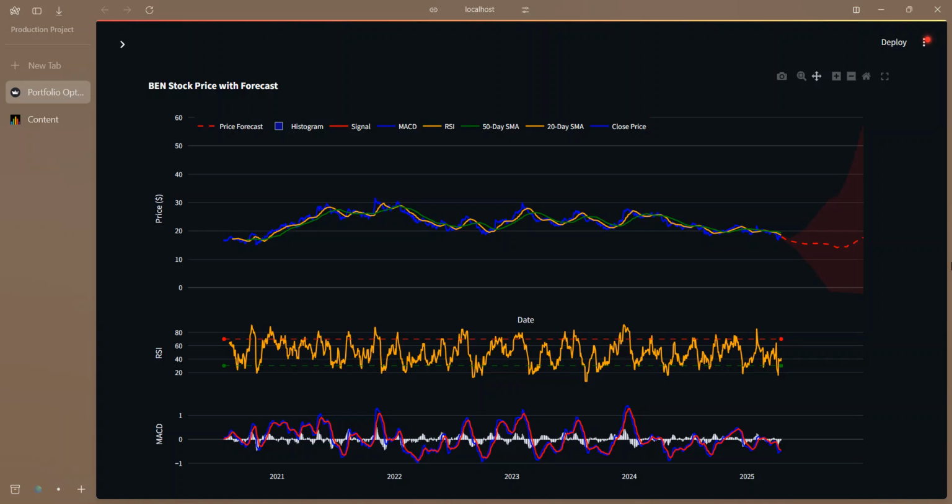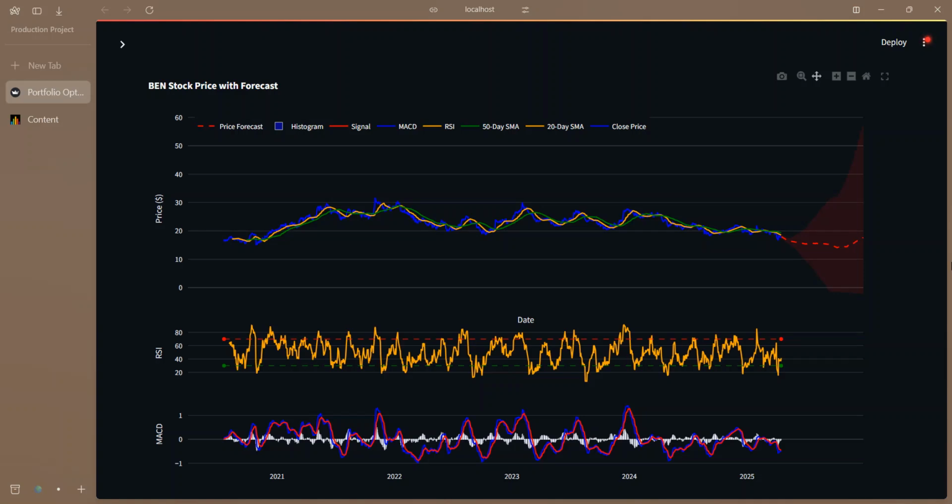This uses the ARIMA and Prophet algorithms, and we can see also the red hue is the range of the price. Obviously, it gets bigger as time goes by because of the unpredictability, the nature of the market itself.